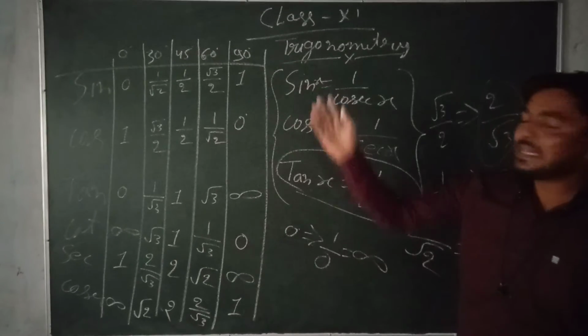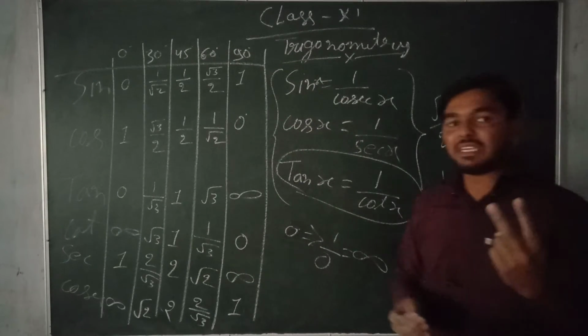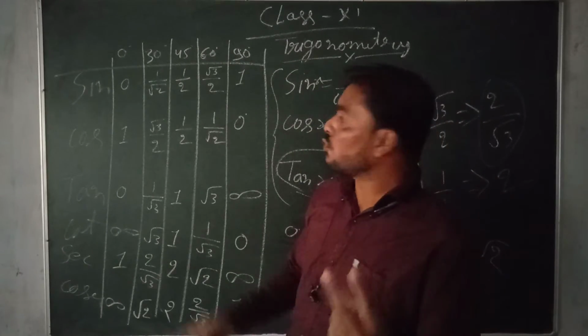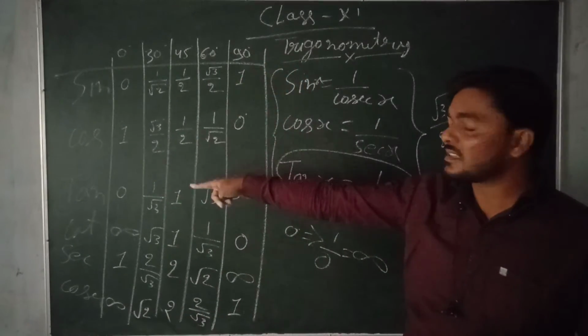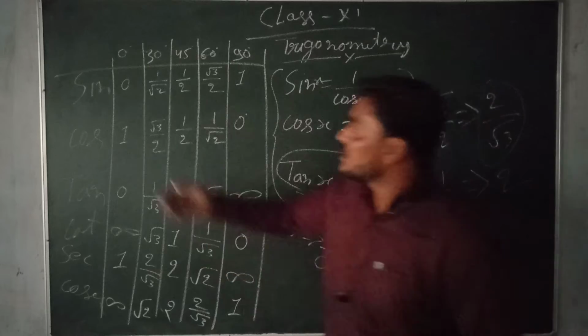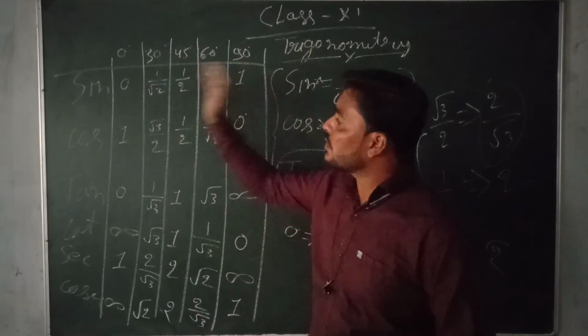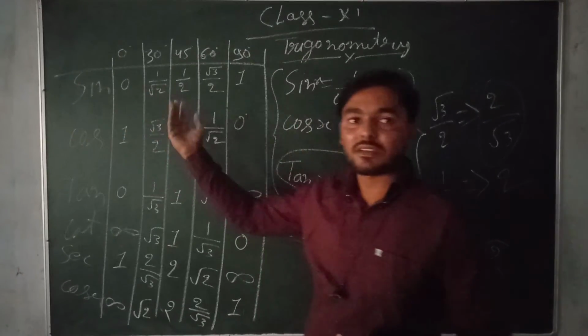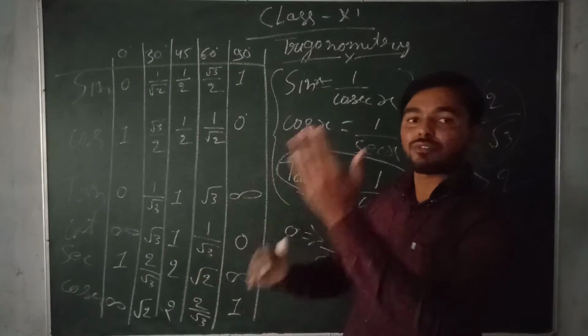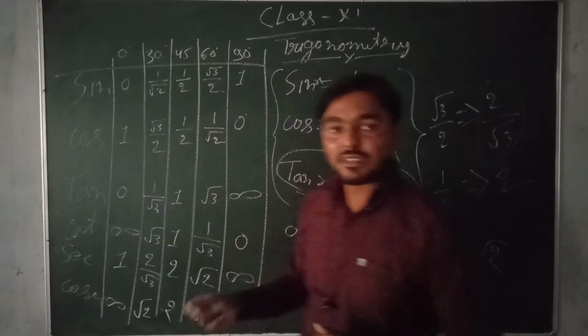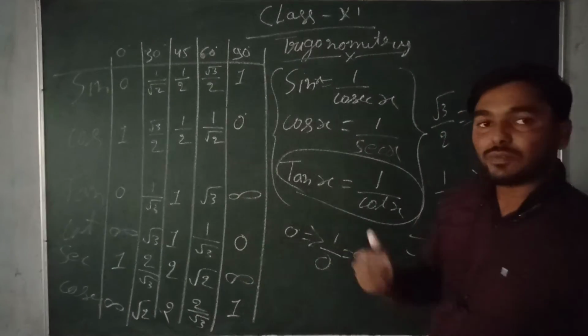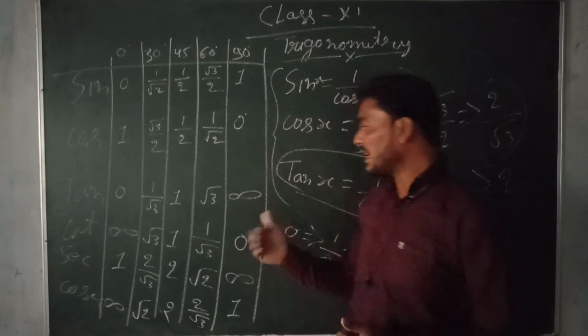Finally, we can make the complete table by learning only two trigonometric functions' values, that is sine and tan. Sine values reciprocated give cos from 90 to 0. For the tan values you have to learn 0, 1 by root 3, 1, root 3, and infinite.